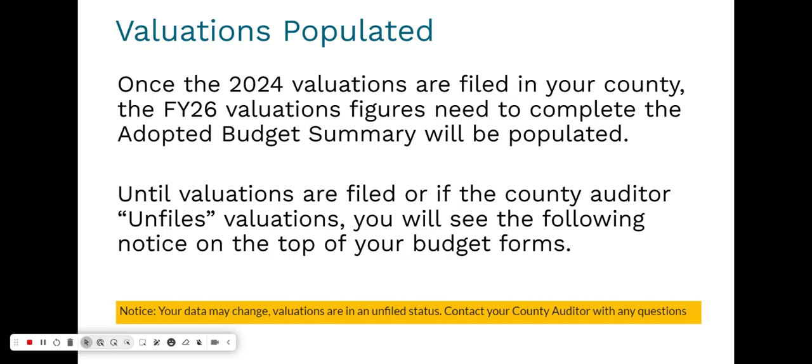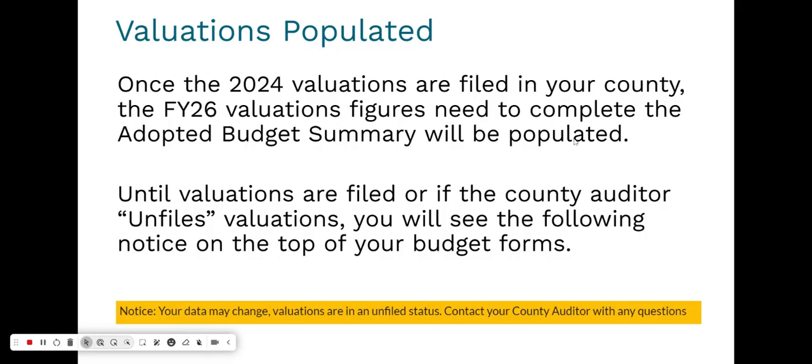Again, as I mentioned, you do need the county to file their property values in order for you to calculate a property tax rate and asking. Once the valuations, and they're actually the 2024 values, are filed in your county, that's for the fiscal year 26 budget. Once they're filed, then those numbers are populated within your budget forms. You don't have to do any entry.